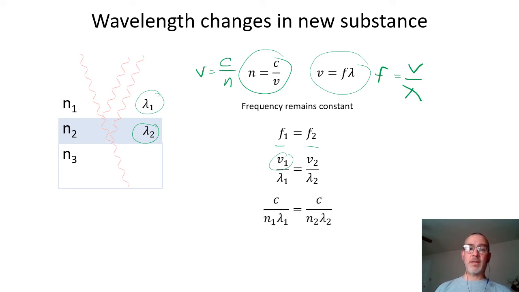What that gives me is c over n1, which we have replaced for v1, and c over n2 we've substituted for v2. And then since c is constant, we can cross out the c and make that a 1, and cross out that c and make that a 1. And so if 1 over n1 lambda 1 equals 1 over n2 lambda 2, we also know that n1 lambda 1 equals n2 lambda 2.